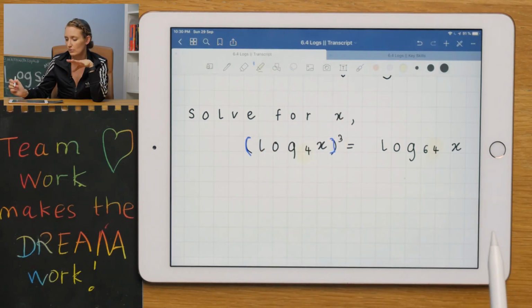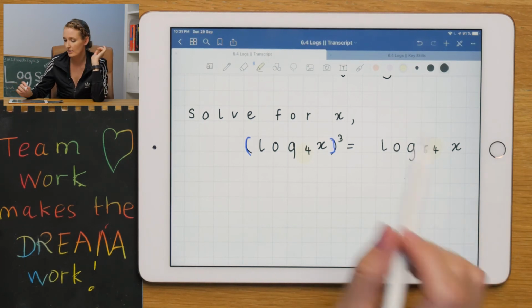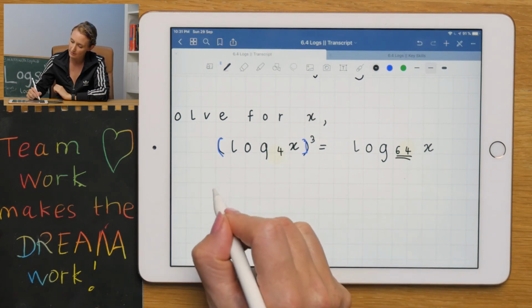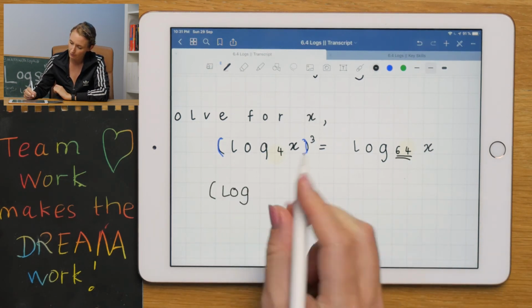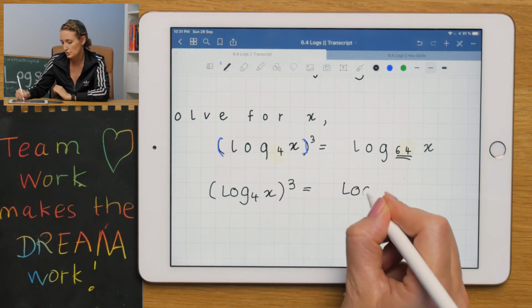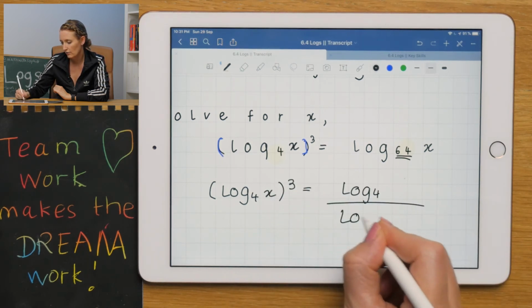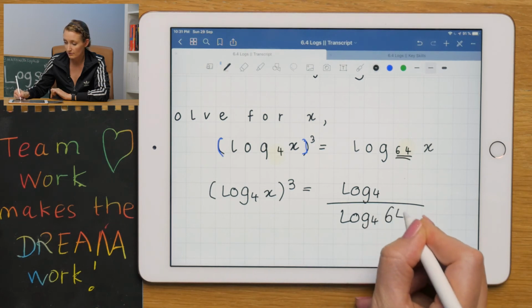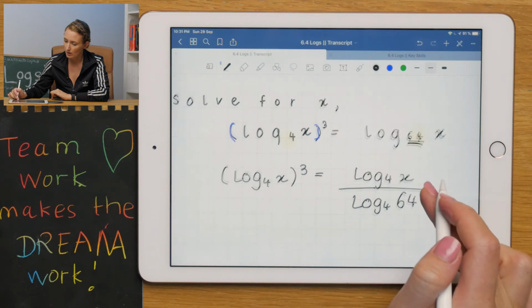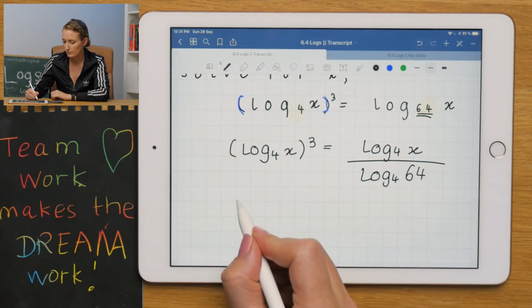The other trickiness is that we've got a 4 here and a 64 here. We do not want that. We want everything to have the same base. So I'm going to pick 4 because 64 is a power of 4. So 4 there, 4 there. That means 64 is going down and x is going up.